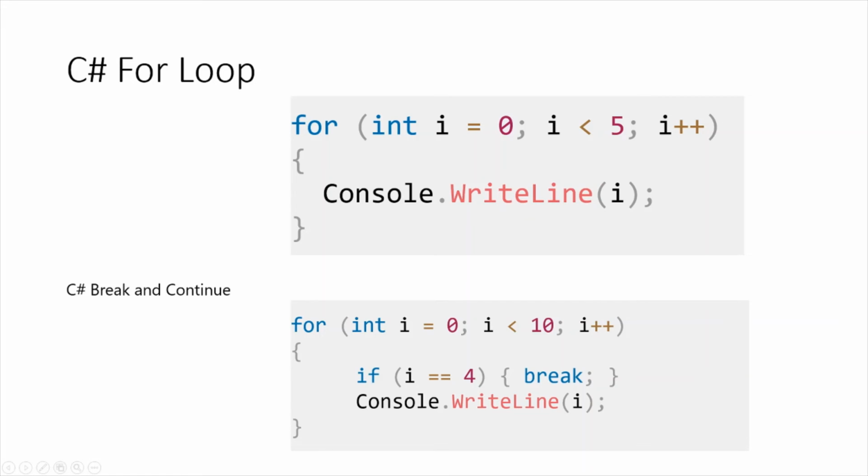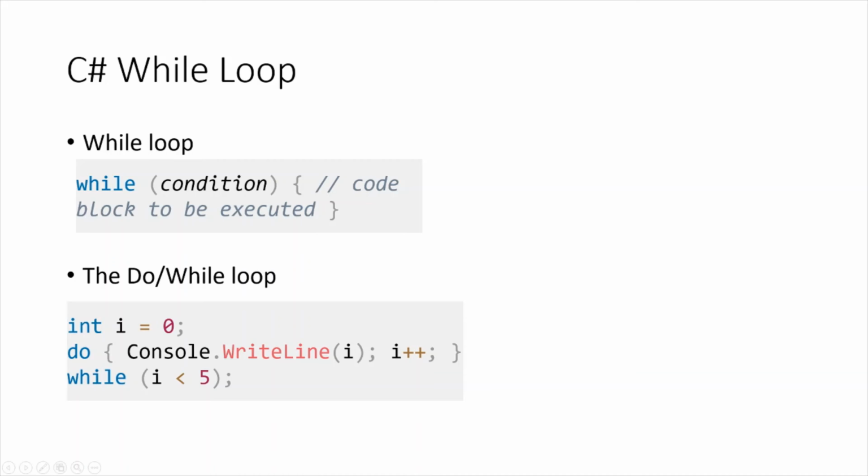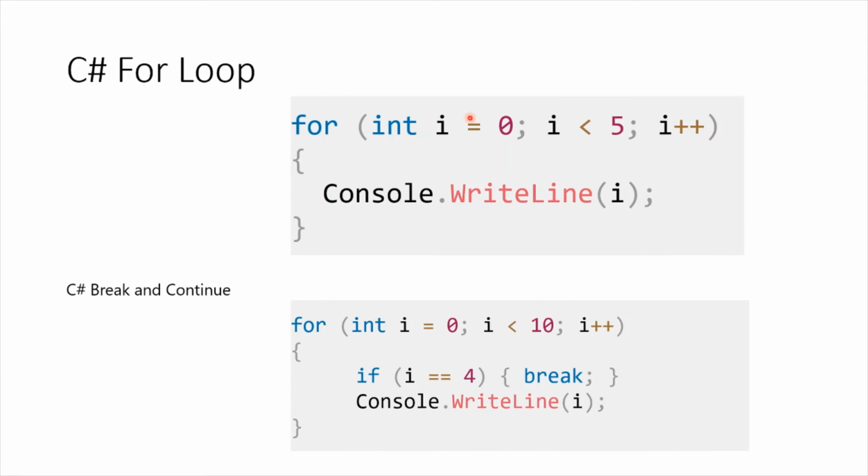So it's do while loop. Then you have C# for loop. For loop works the same way. Here you saw you have a while loop with a condition, right? You also have a condition in the for loop, but the syntax is a bit different. You have 3 statements within the for loop.